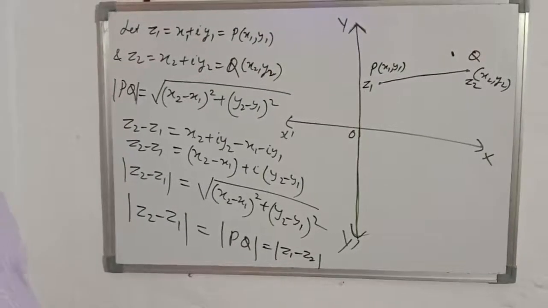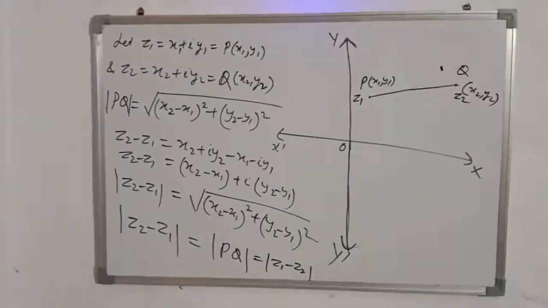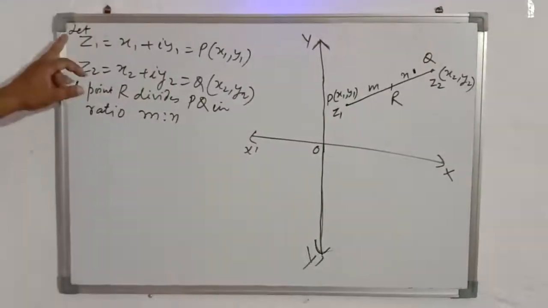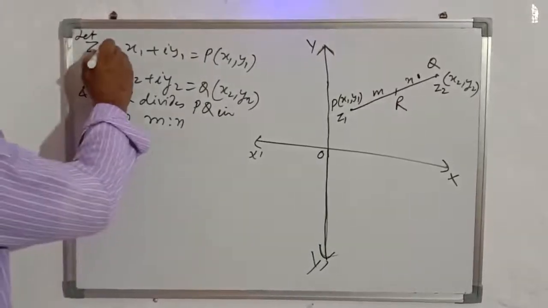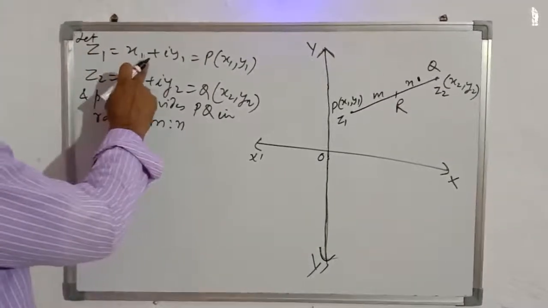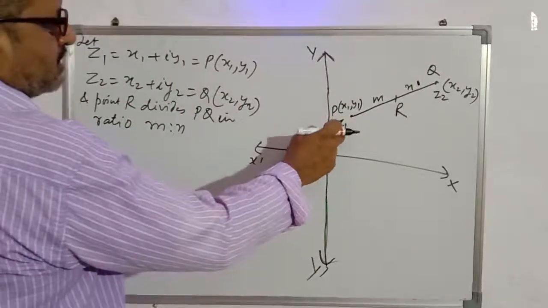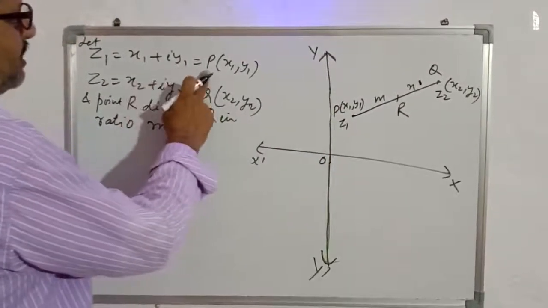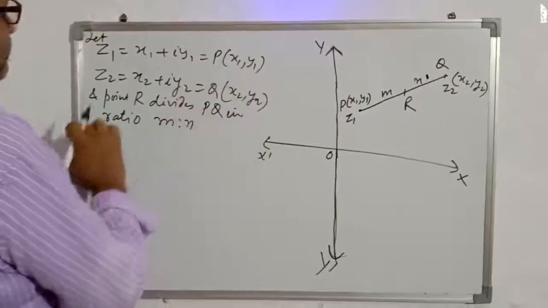Now we will see how we can apply the section formula. Let Z1 equal x1 plus iy1 be one complex number. It is represented by the corresponding point P, ordered pair (x1, y1).